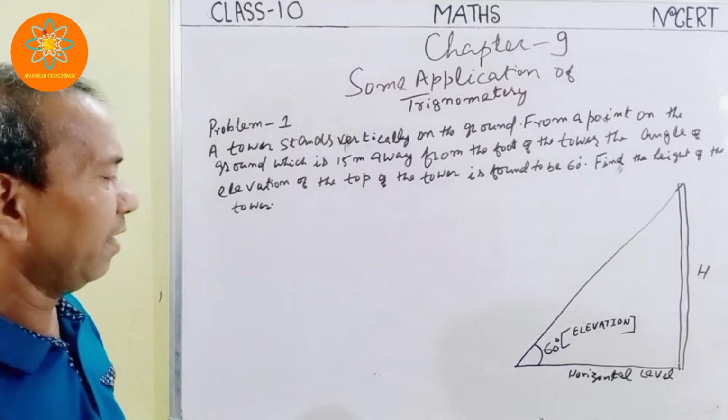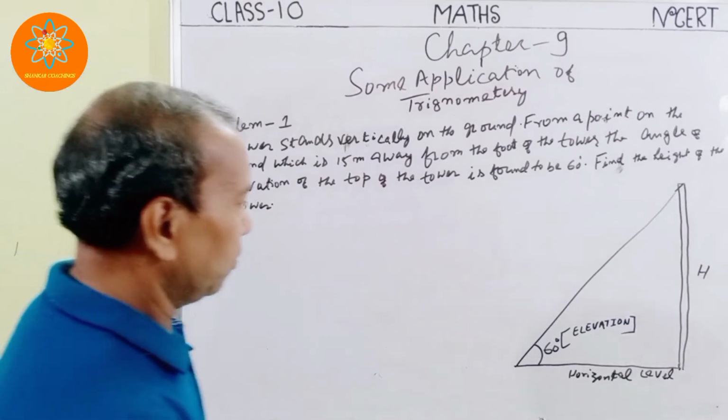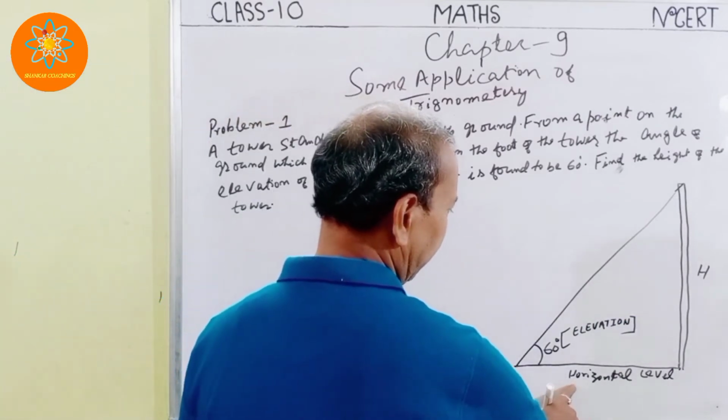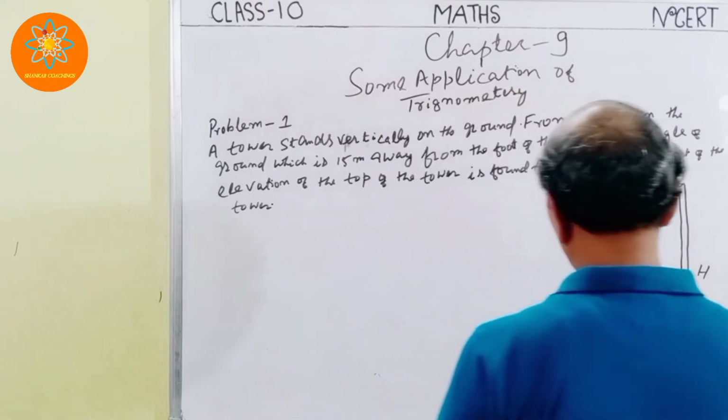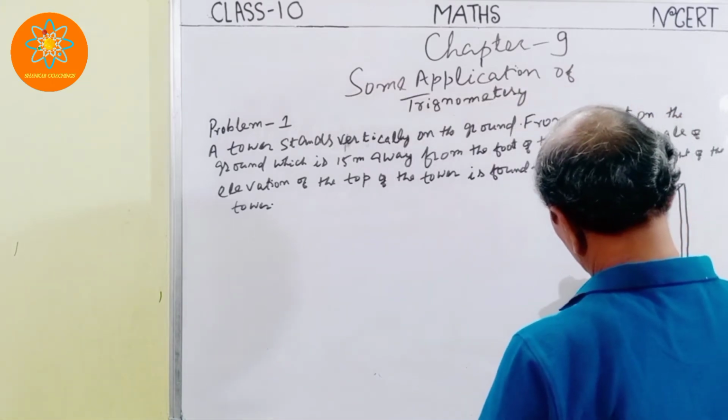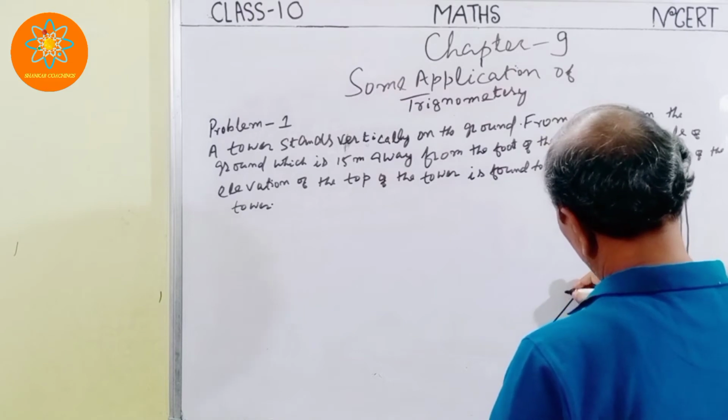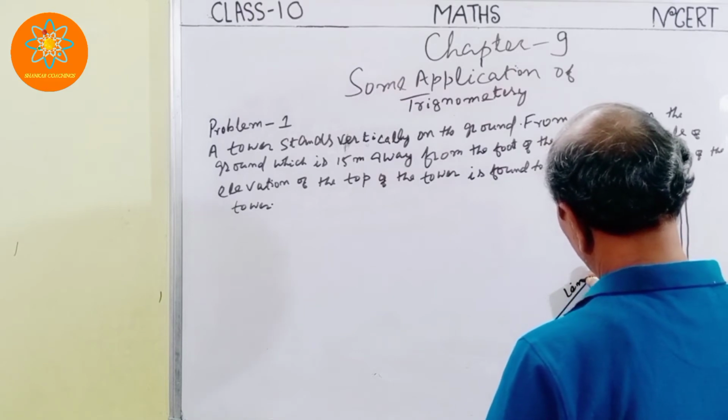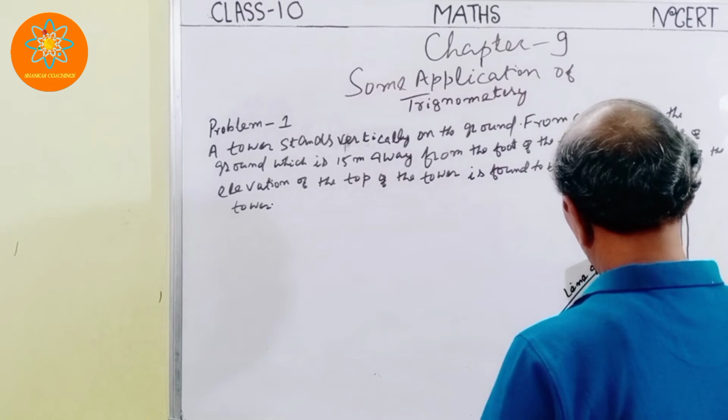This 60 degree is the elevation angle. This is your horizontal level. And what about this one? This is the line of sight.